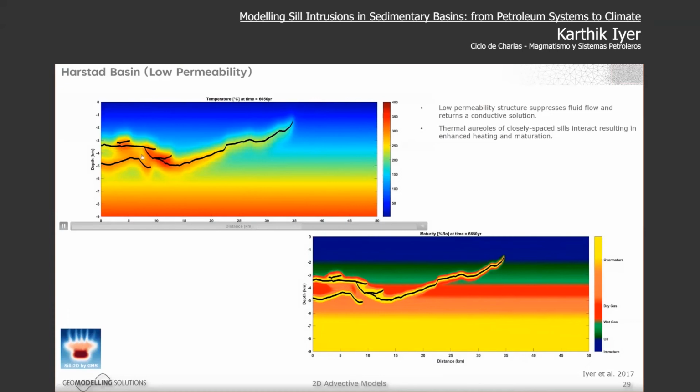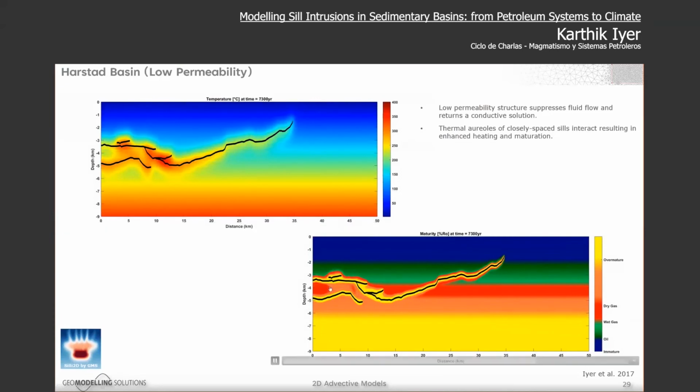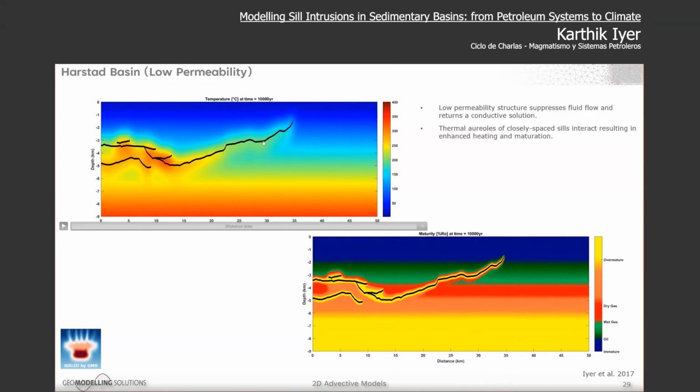Where sills get close to each other, there is increased maturation. I'm sorry, I'm just going to use the hand now and not the pointer because I have to keep switching. But more or less, for this picture you could get away with a 1D model. So low permeabilities are not doing it for us. It does not recreate any vent structure here.